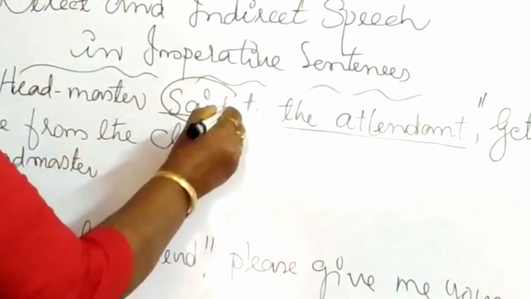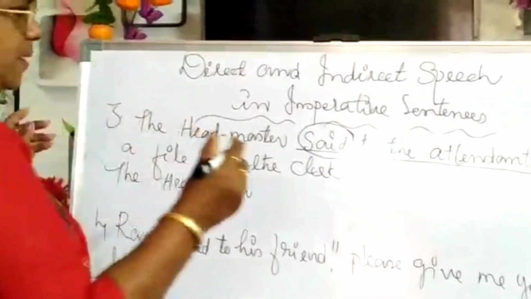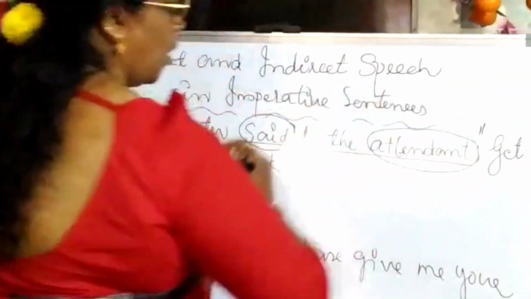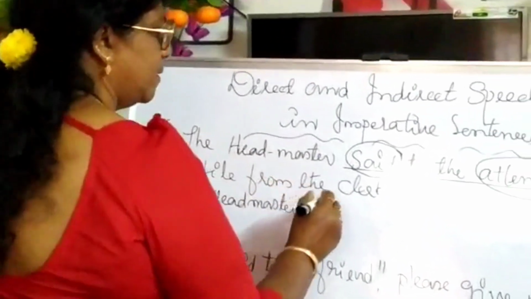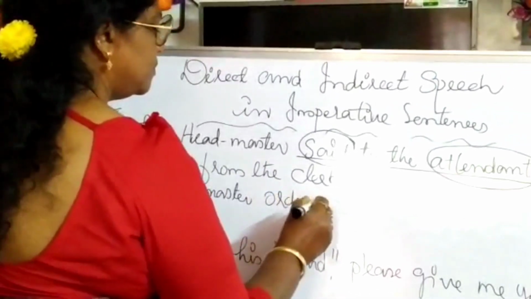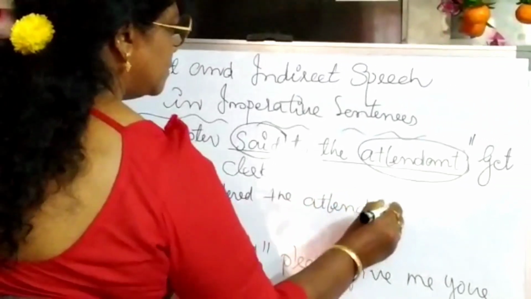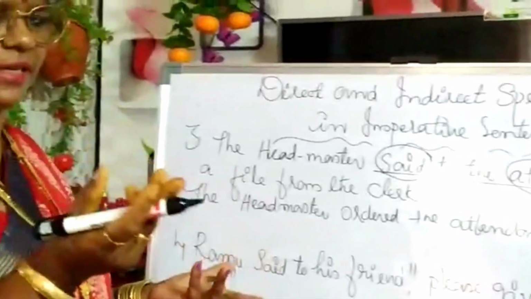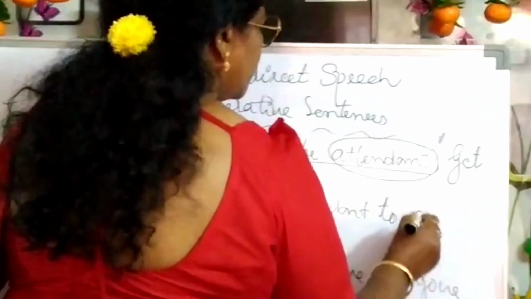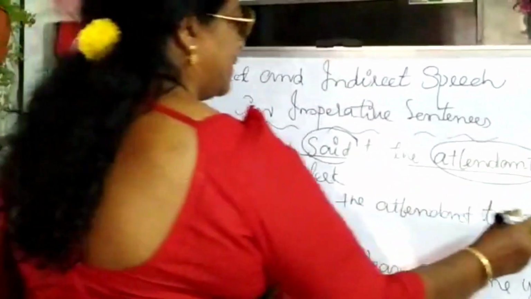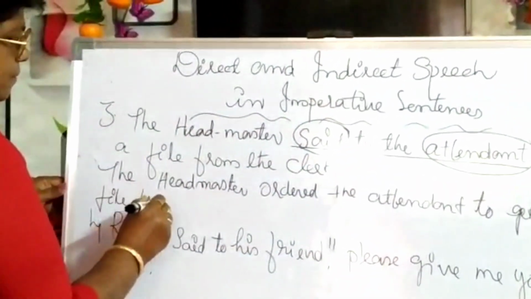Said will change into ordered. The attendant is the object here, and altogether this is the reporting speech. So, the headmaster ordered the attendant. After that, what we have to do? The to infinitive, for joining the two sentences: the attendant to get a file from the clerk.